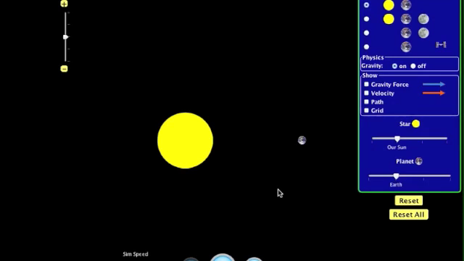Okay, so there's also another variable that we can change. This variable is the mass of the objects. So if we increase the mass of the Sun, so underneath star where it's the Sun, increase the mass of the Sun, we notice that the Earth also collides with the Sun eventually.